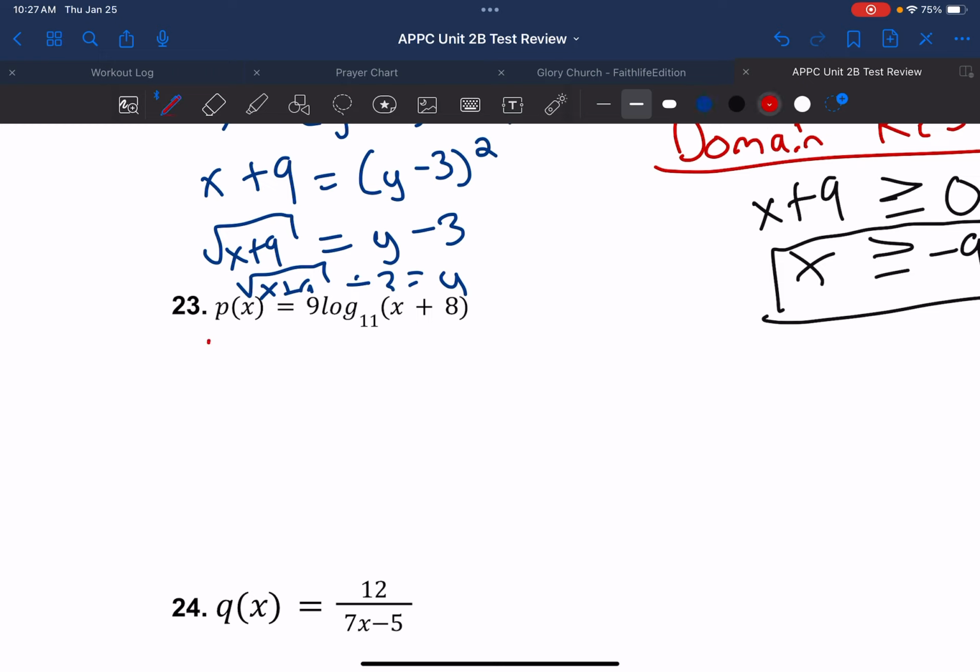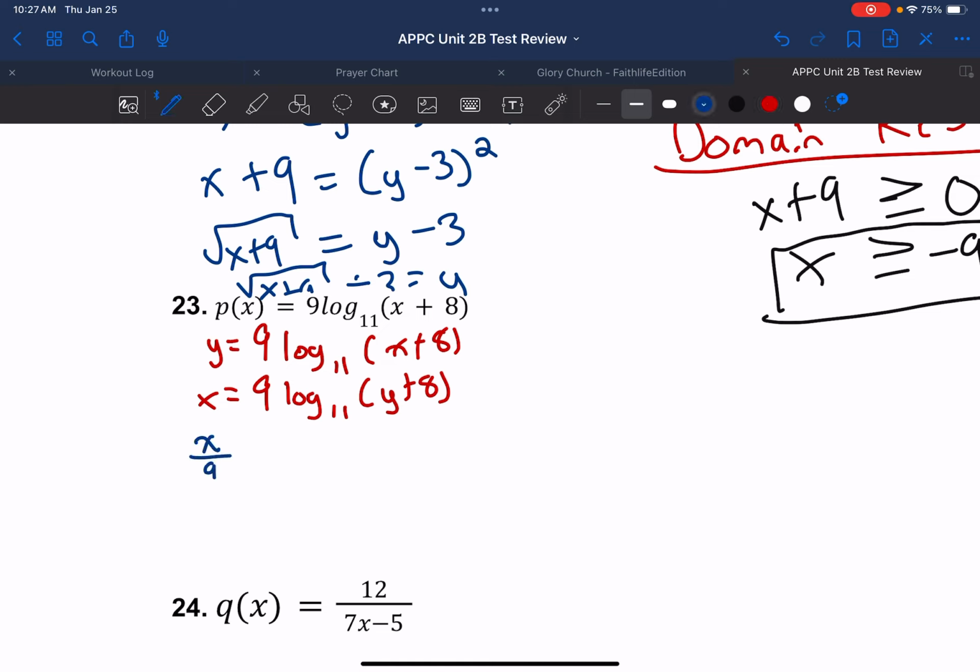So I'm going to write y equals 9 log base 11 of x plus 8, switch x and y. First thing I'm going to do is isolate the log. So divide by 9 on both sides. I have x over 9 equals log base 11 of y plus 8.